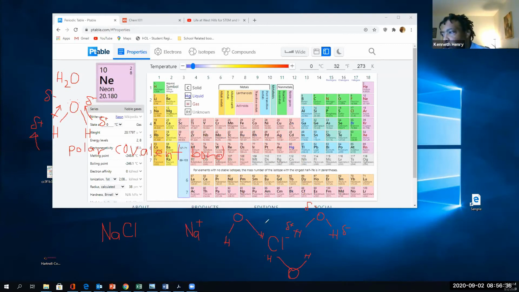Since these are all partial charges, partially plus, they can't satisfy it by themselves. It takes a couple of them to sit there and surround it.